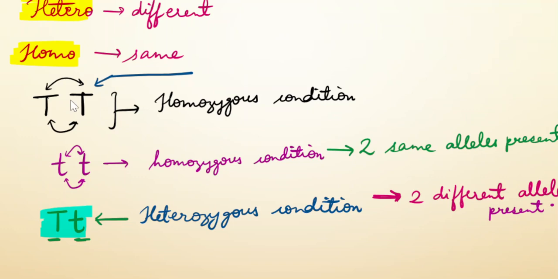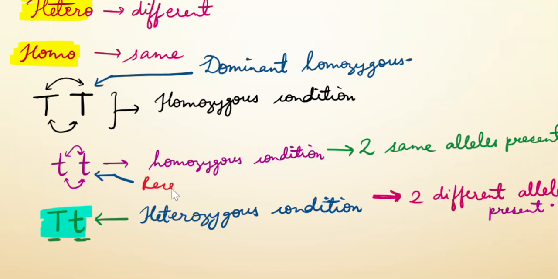This capital T, capital T condition we can say is dominant homozygous. And if this is small t, small t, then we say it is recessive homozygous. It's understood that the recessive allele will only express itself when two recessive alleles are present, because if the recessive allele is present with the dominant allele, then it won't get expressed.